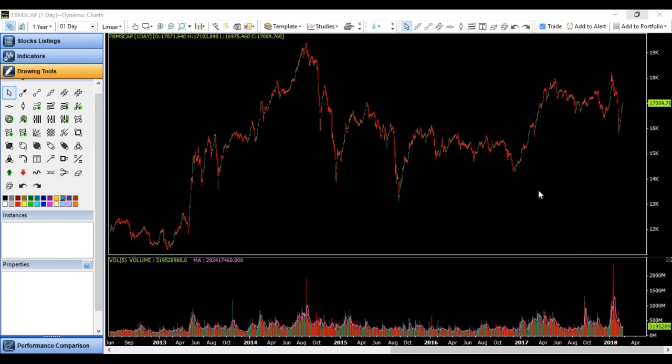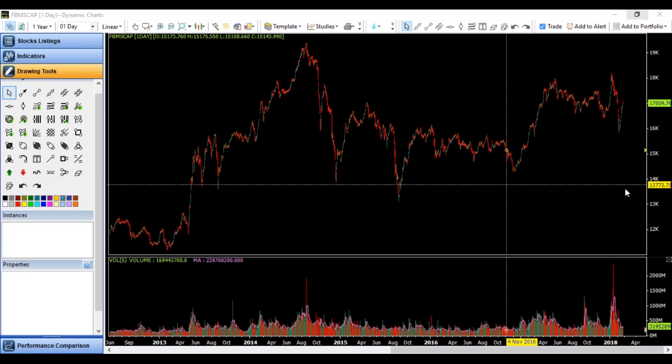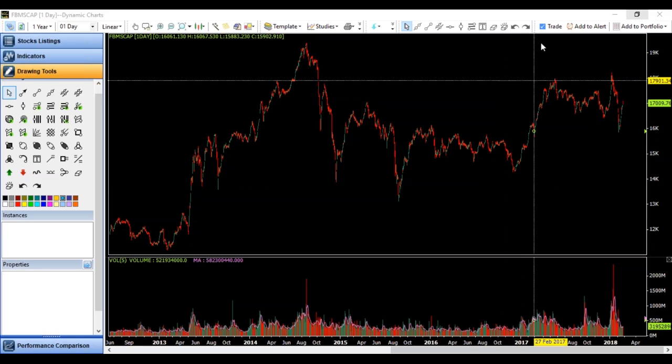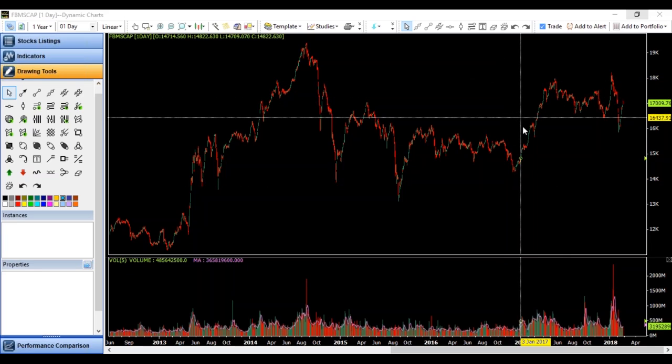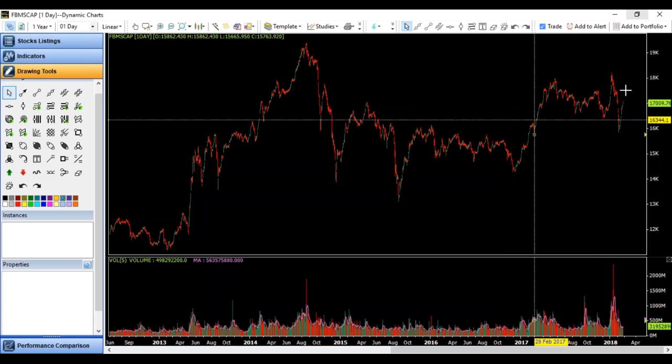So look at the consolidation. That is Bursa mid cap, a small cap. That is mid cap. So I think you need to follow the smart money now.